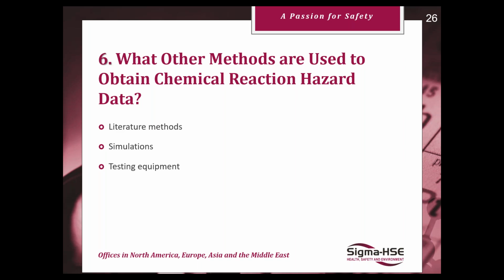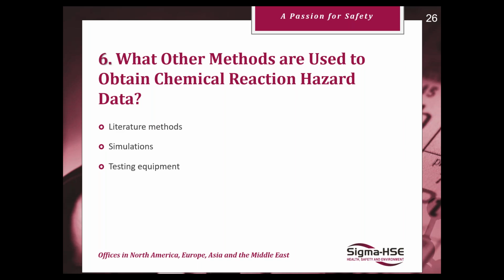Same with the simulations. There's various software such as CHEETAH and AKTS and Prove, I think. These simulations will allow you to put in reagents and desired products, and they will in effect do the same kind of thing that you're doing from your literature, or give you an indication of what kind of criticality class you might expect your reaction to be, and any potential thermal stability issues of your products.